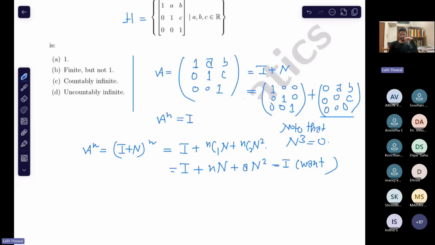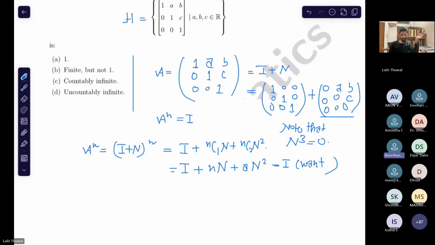Sir? Yes, please. Here n square will also be 0, right? Why would n square be 0? Just put a, b, c equal to 1, 1, 1. Then n square is the matrix which has entry 1 at the top rightmost corner, and the others are 0.